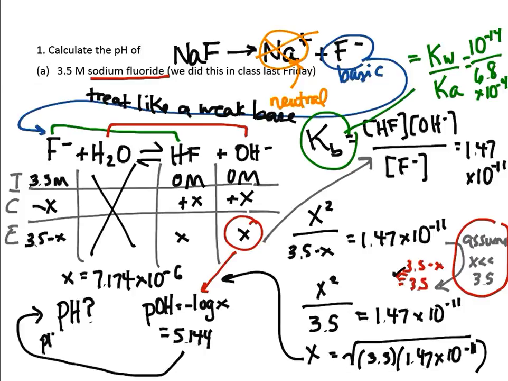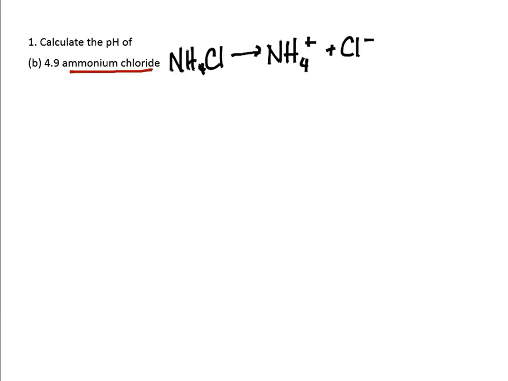And then we calculate pH. pH is 14 minus that number, which is 8.86. It has two significant figures because all of the original numbers have 2, and then you're going to have 2 digits after the decimal on your pH.